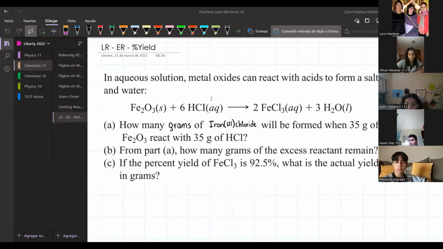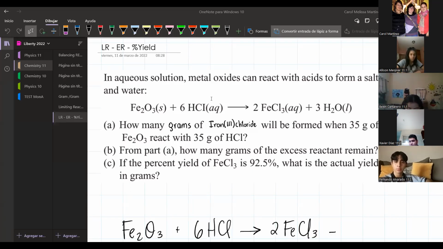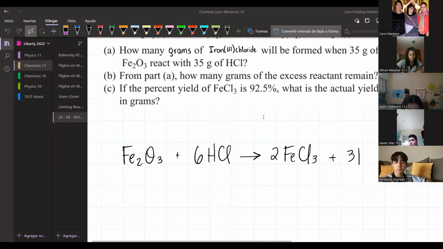Take a look. So this is what the problem is giving me, okay? It's giving me this reaction and the provided information for each reactant is 35 grams.